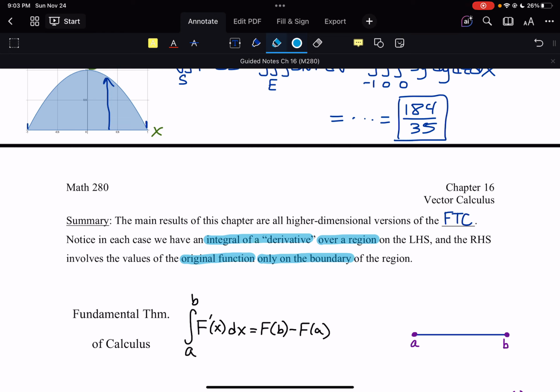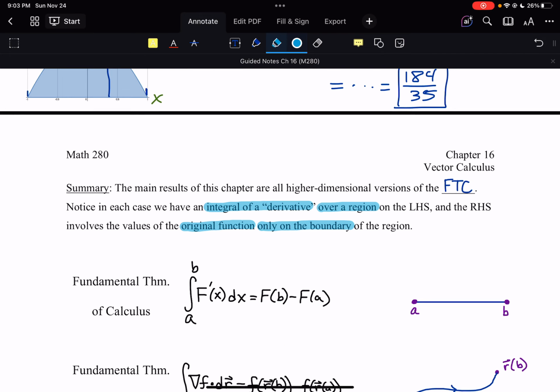So for the fundamental theorem of calculus, we have the integral of the derivative, literally. And on the right-hand side, we have f of b minus f of a. So this one is from a to b, so it covers the entire region, this whole section. But on the right-hand side, it's only being evaluated at the two endpoints.